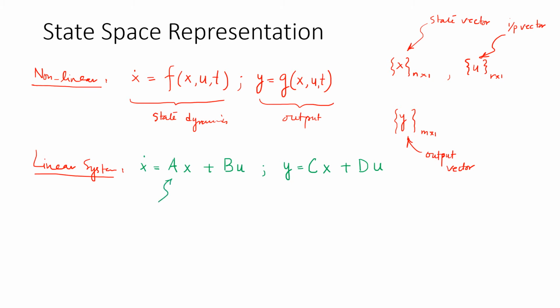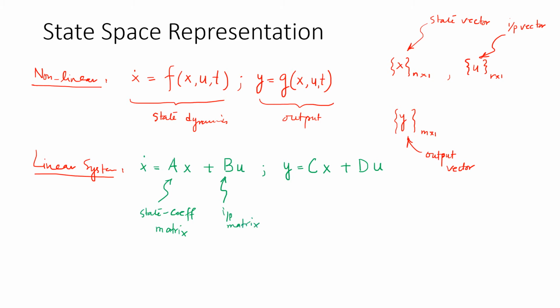So this A is called the state coefficient matrix. This is going to be dependent on all these coefficients which define the internal nature of the system. Like for a spring mass damper system, it is going to account for the mass, the spring stiffness and the damping coefficient. B is going to be called the input matrix, because it is getting multiplied with the input vector as well.